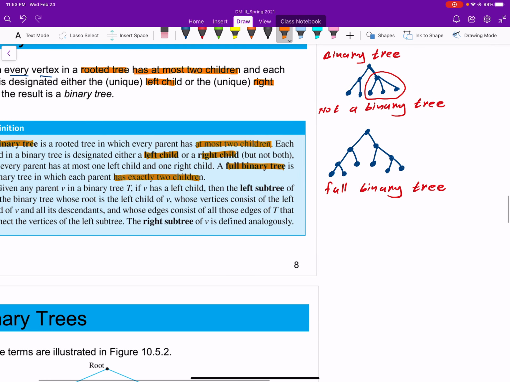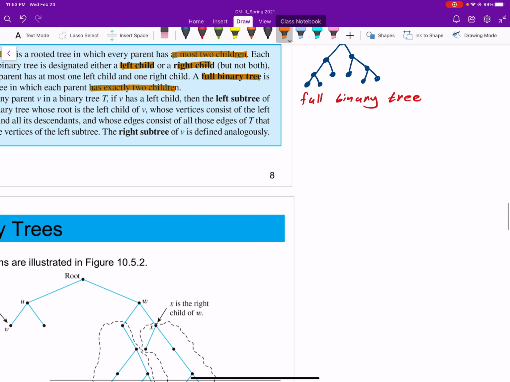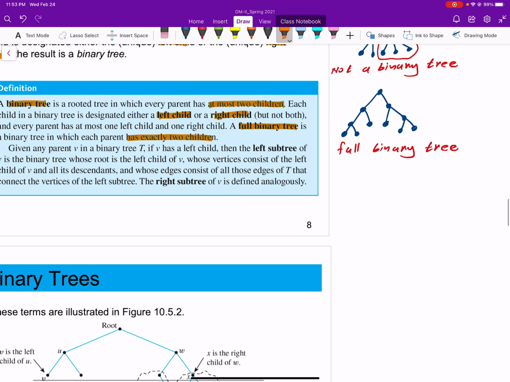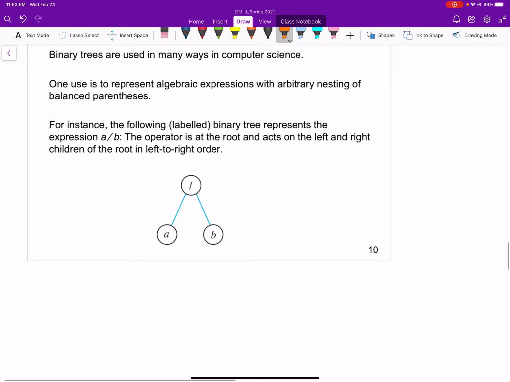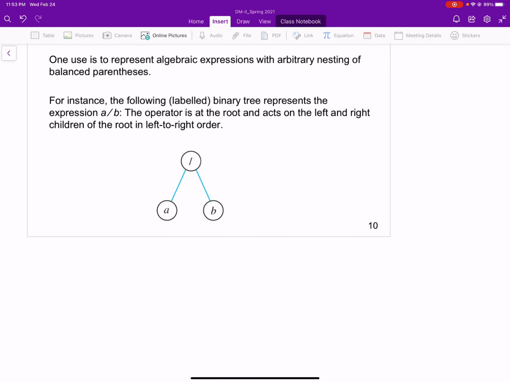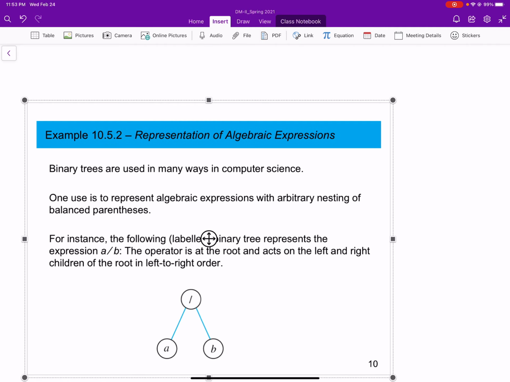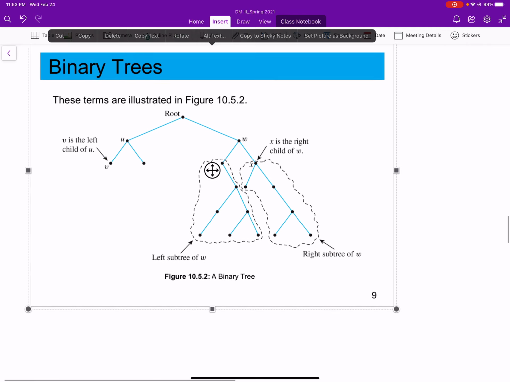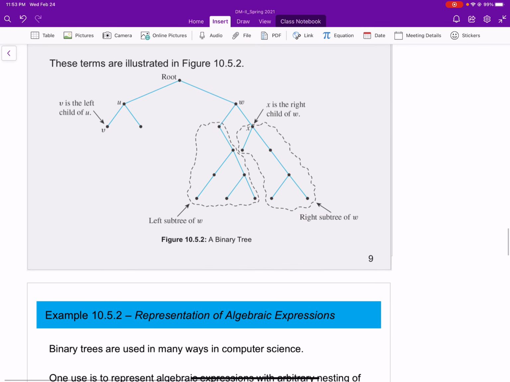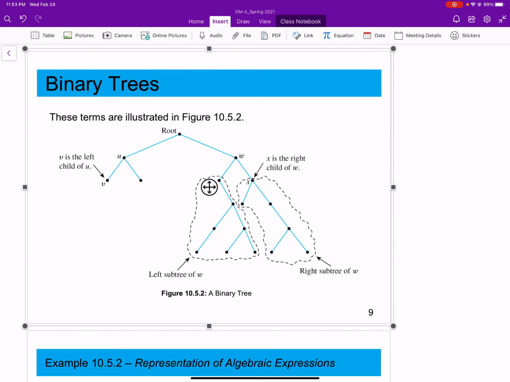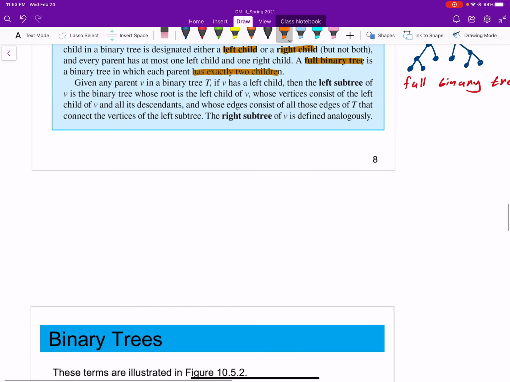All right, let me explain this using a different diagram right here.